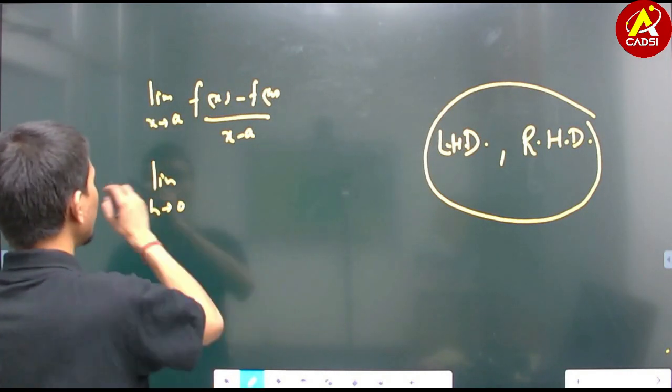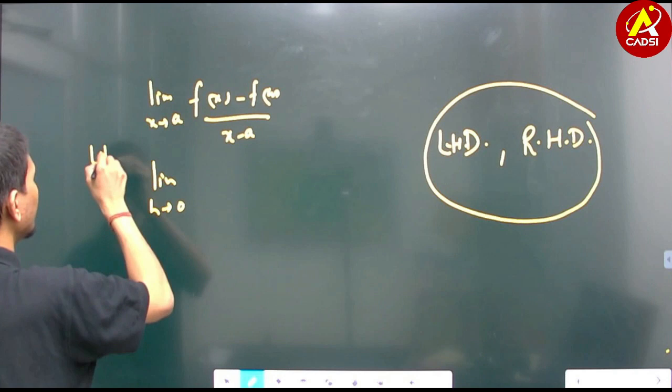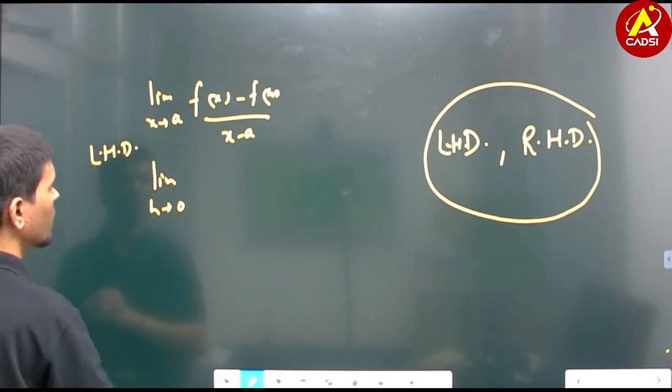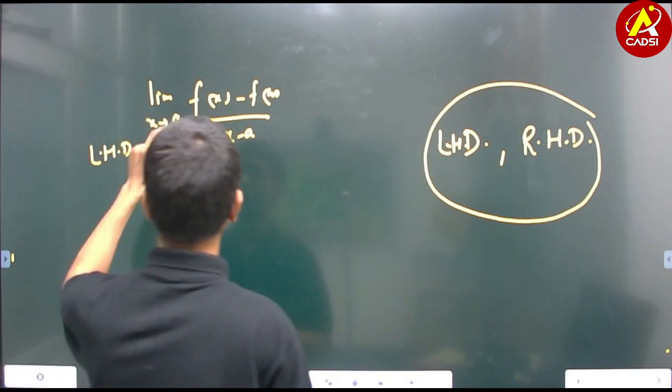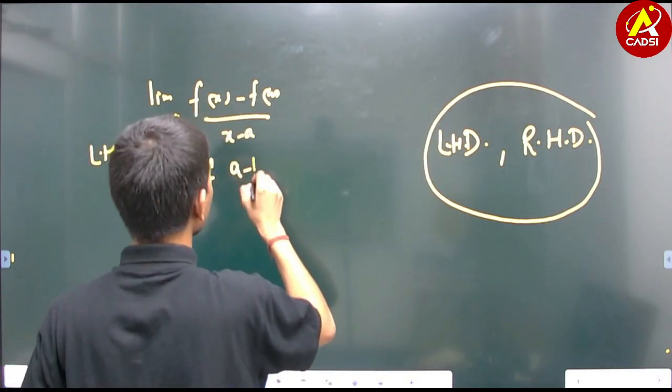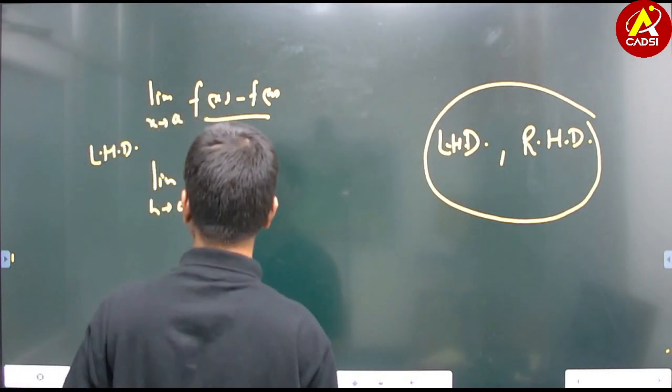So the left hand derivative means f of a minus h.